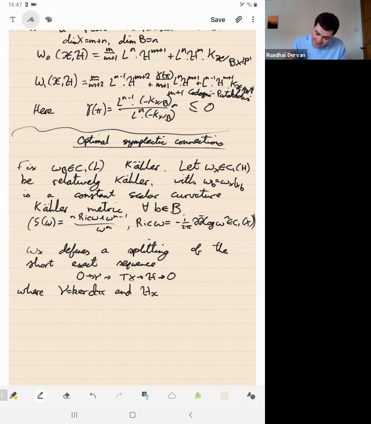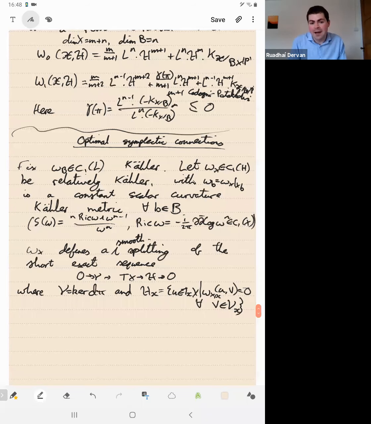involving the vertical tangent bundle and the horizontal tangent bundle. And the point is that you get a smooth splitting of this short exact sequence using this relatively Kähler metric omega_X. So H_x is the set of u in T_xX such that omega_X(u,v) is equal to 0 for all v in V_x.